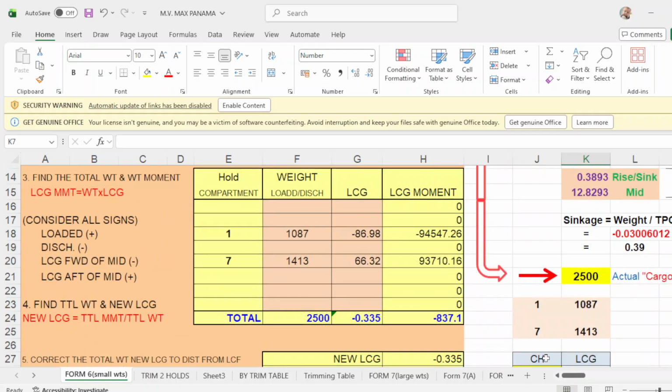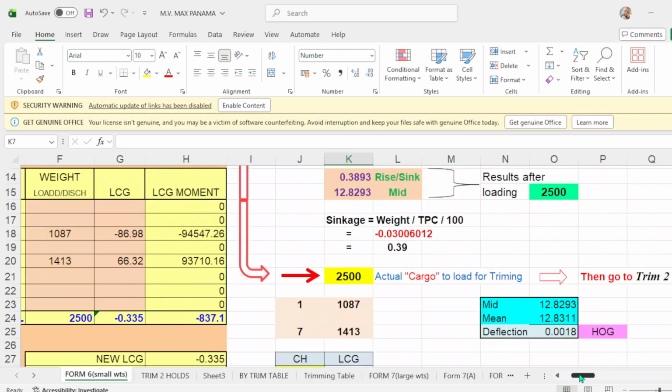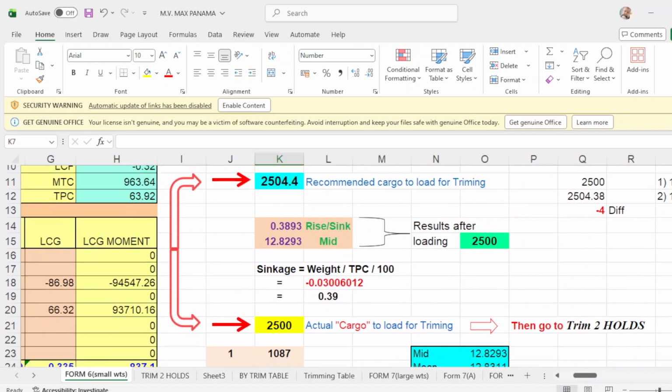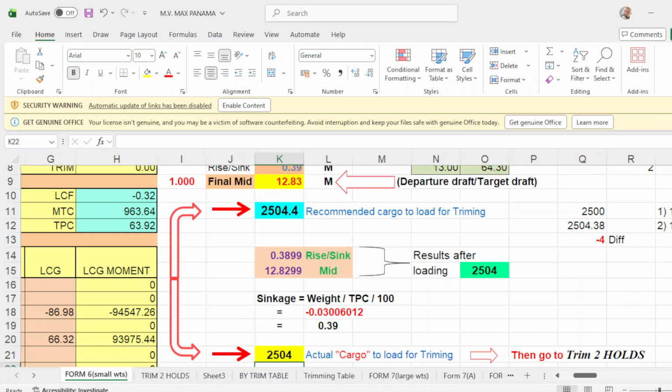I would say, since we are now using 2,500, let's use 2504. Take note, guys, I want you to emphasize this one.